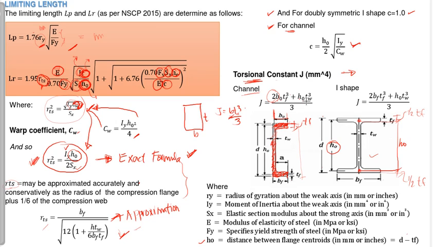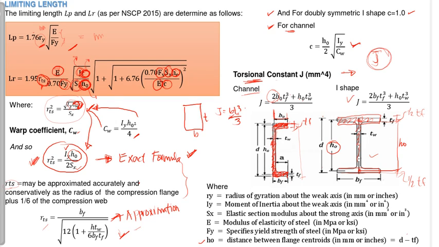So our J for the web is H over T cube over 3. And it is the same for the I shape: we also divide it into rectangles to get this equation for the torsional constant J. In the properties of steel sections, you may remember there is also a J, the polar moment of inertia.